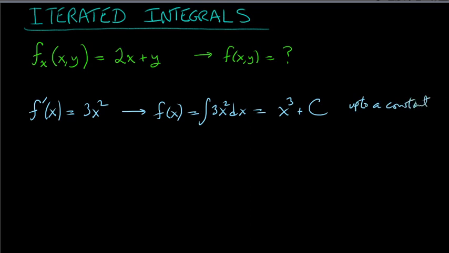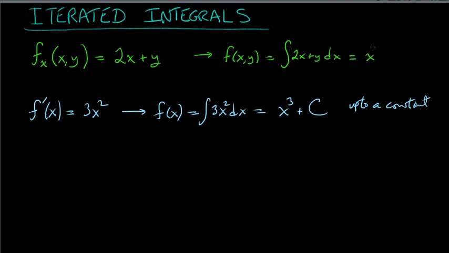So can we say the same thing about a function of two variables? Well, we can try to integrate 2x plus y. This is the partial with respect to x, so we're going to integrate with respect to x.